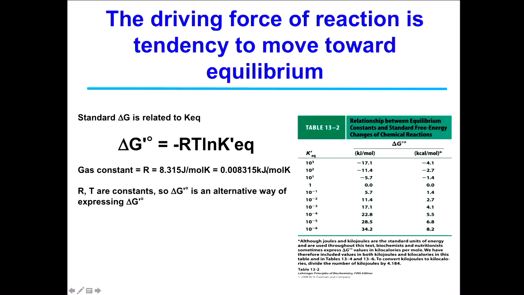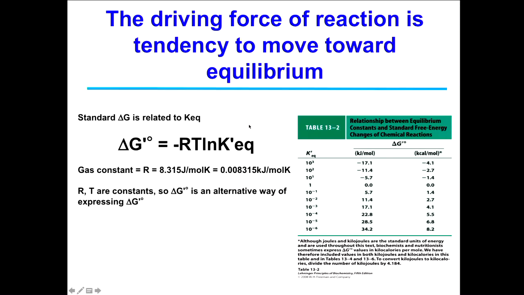Now, if we're doing our little reaction in the test tube, sitting there, you're going to have a particular temperature, room temperature, or maybe you have it in the water bath or in the incubator or something like that, right? There's a temperature, so that's a constant. And then R is this number, so it's a constant. So that means that the free energy change depends on the K equilibrium constant.